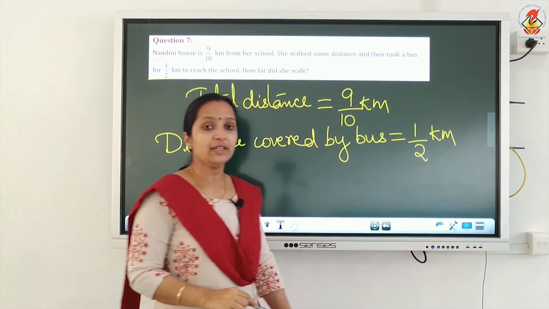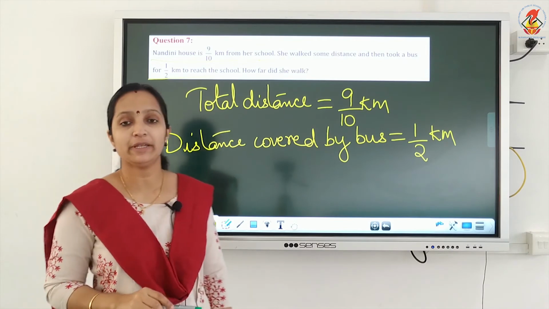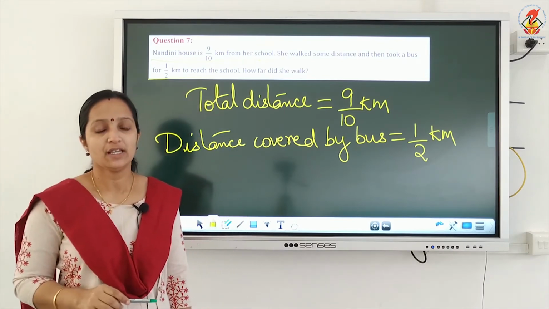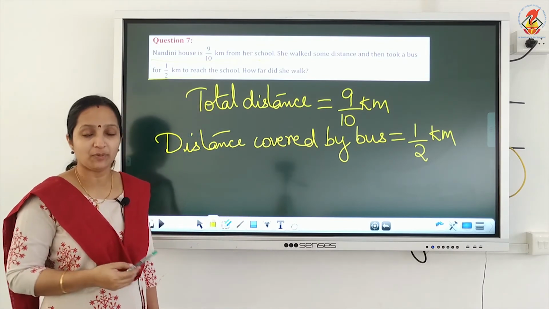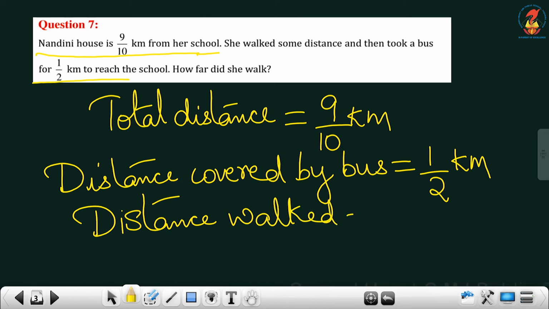So listen children, out of this 9 by 10 kilometer, 1 by 2 kilometer she covered by bus. So how will we find the distance she walked?